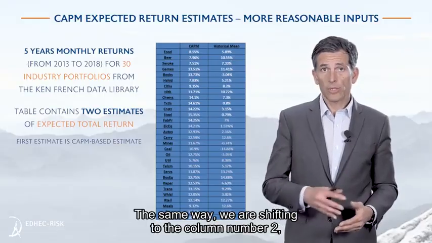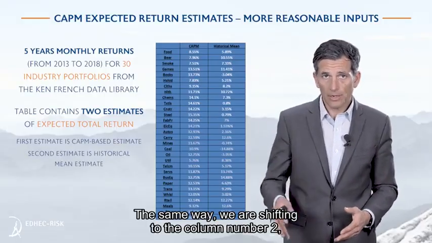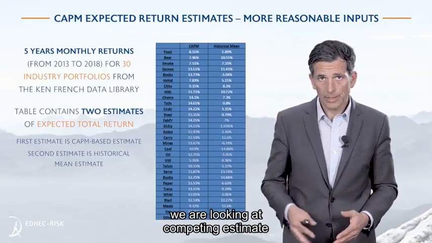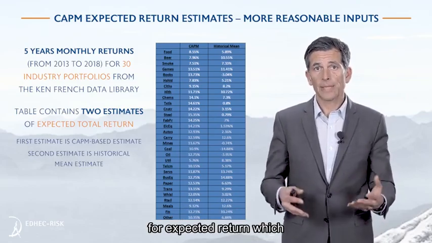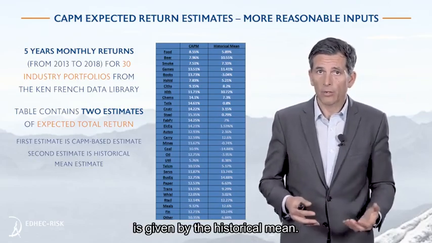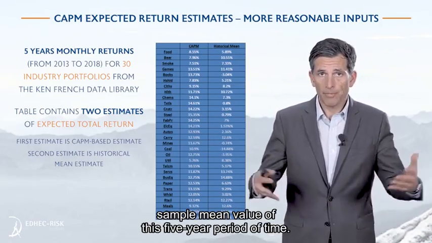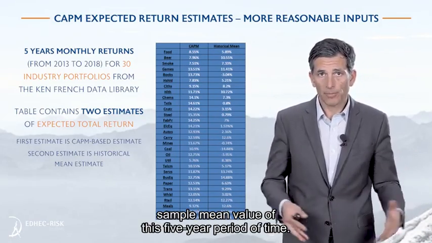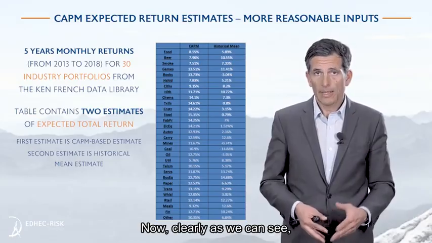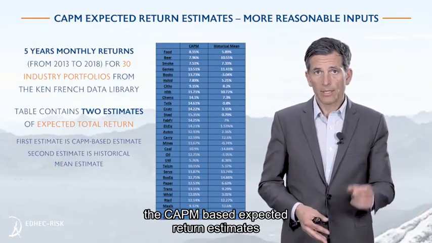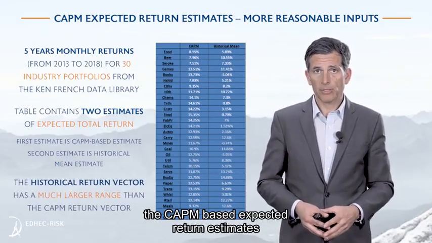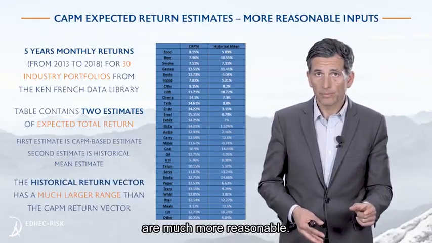The same way, we are shifting to column number 2. We are looking at the competing estimate for expected return, which is given by the historical mean, simply looking at the sample mean value over this 5-year period of time. Now, clearly, as we can see, the CAPM-based expected return estimates are much more reasonable.